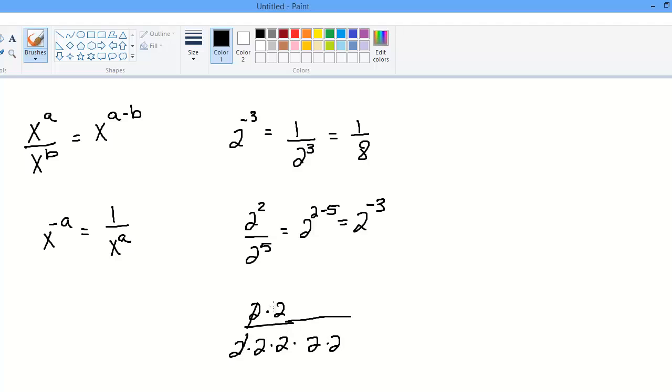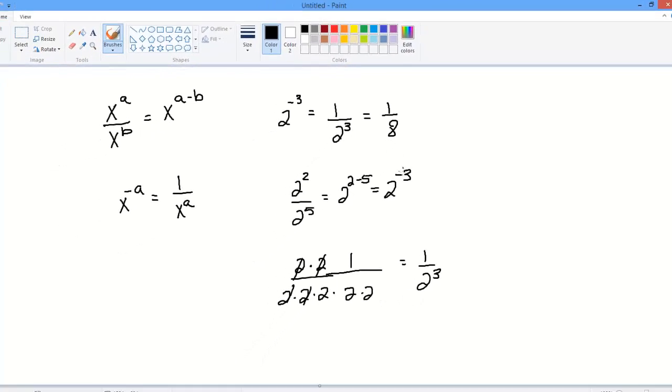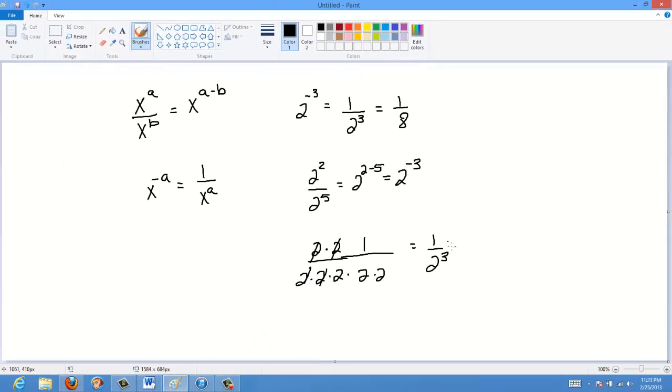We'd have some elimination. We have just 1 left up top, and what we'd have is 1 over 2 cubed. You can see that they're all the same: 1 over 8, 2 to the negative 3, and 1 over 2 cubed are all the same.